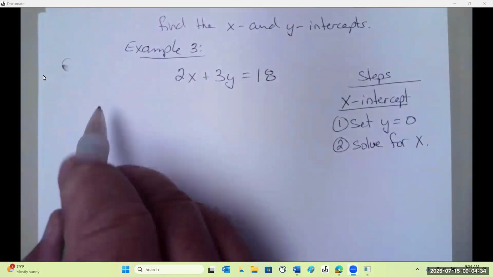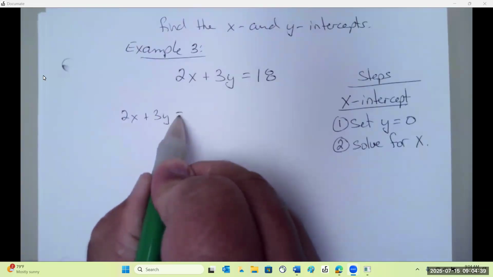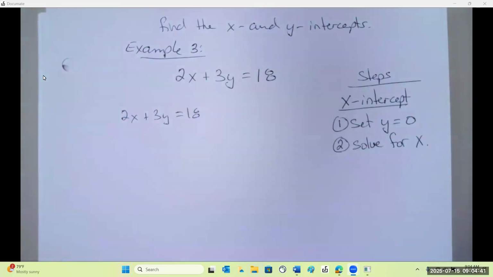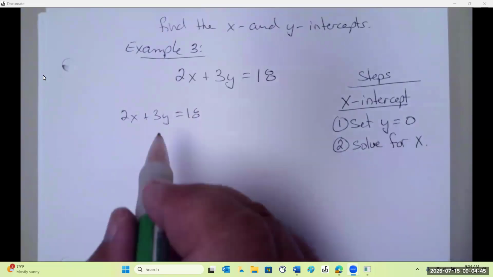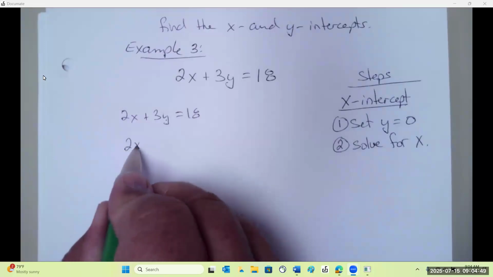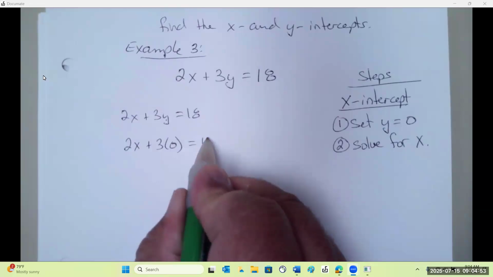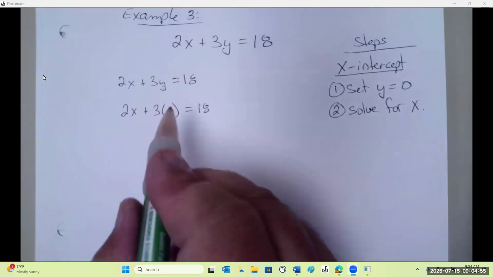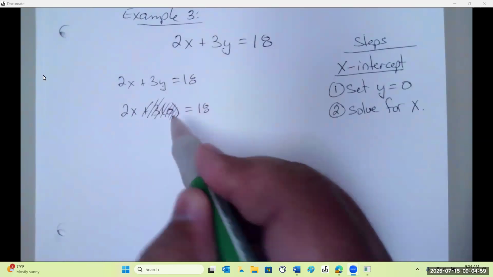All right, so in our example, we have 2x plus 3y equals 18. I want the x-intercept. So I set y equals 0. What is 3 times 0? 0, so it disappears.